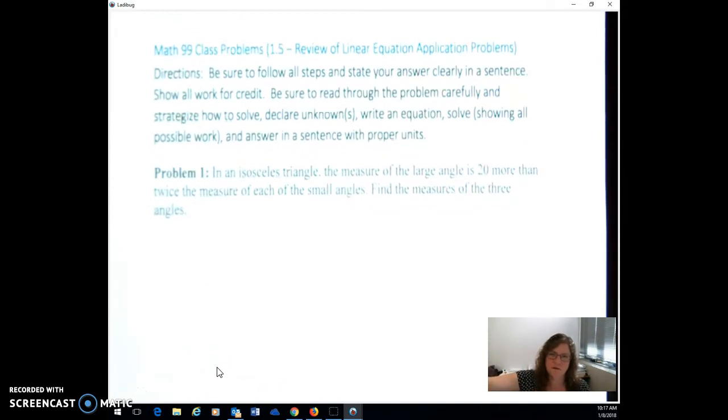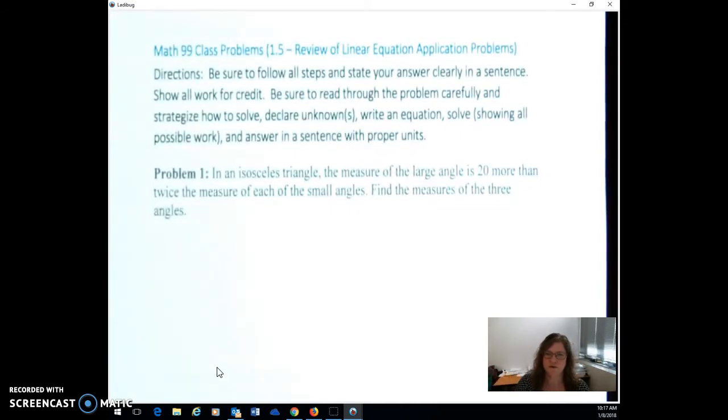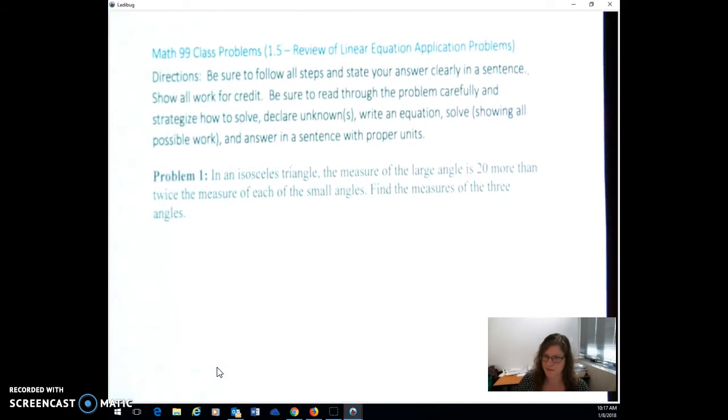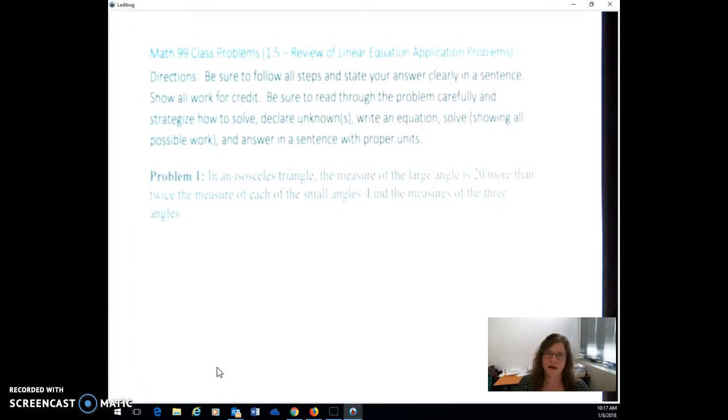I've got a new document camera here in my office, so we're going to focus that and see how that works. It's a little bit light, but this is the worksheet that I posted for the online class, and also we did it in the hybrid class.